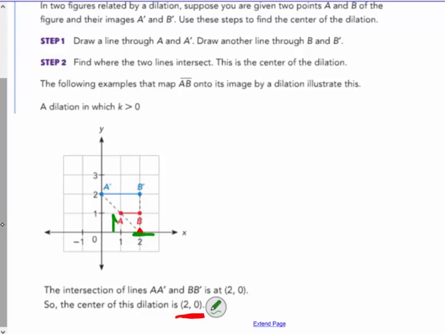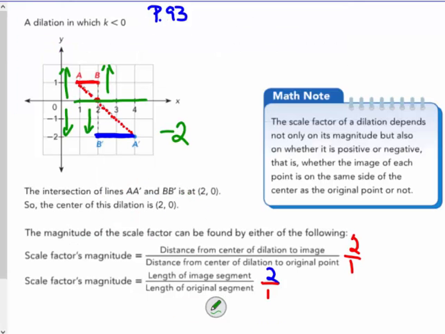Both A and A's image are above the center of dilation. B and B's image are both above. This is a scale factor of +2. When it's a negative scale factor, do you see how A and its image are on opposite sides of the center of dilation right here at 2, 0?